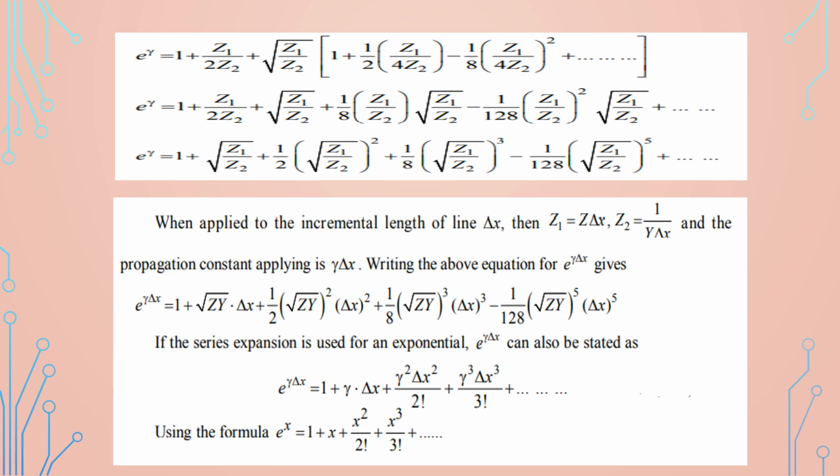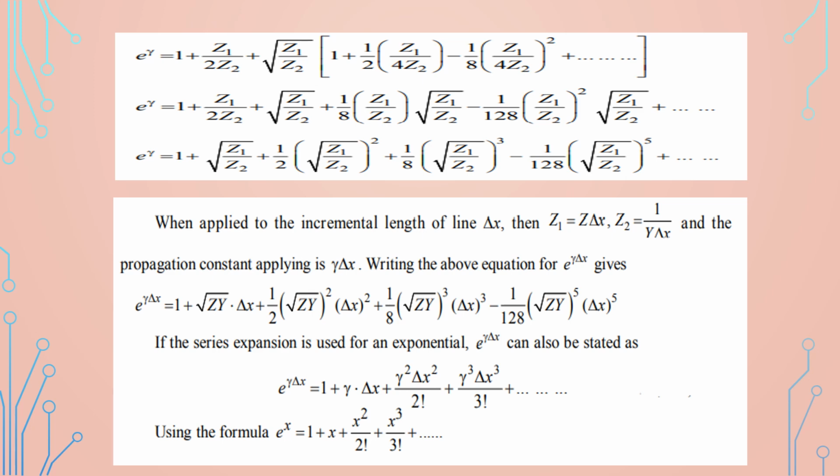So 1 plus Z1 by 2 Z2 plus square root of Z1 by Z2, that is what I am expanding. And then I have 1 by 2 here, 4 here, 4 twos are 8. So 1 by 8 Z1 by Z2, this one into square root of Z1 by Z2. In the same way, 4 square is 16, 16 multiplied by 8 is 128, and I have the third term.